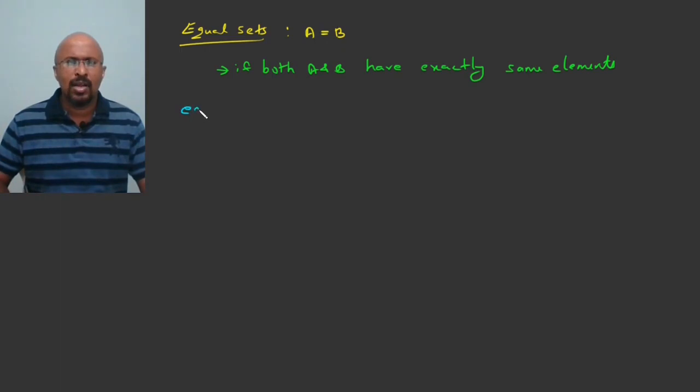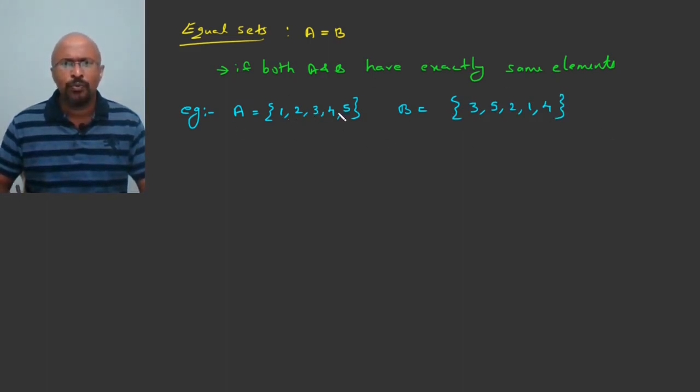For an example, consider a set A, that is the set 1, 2, 3, 4 and 5. Consider another set B, 3, 5, 2, 1 and 4. Look at these two sets. Set A has 1, 2, 3, 4 and 5.